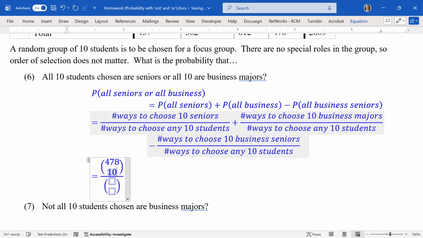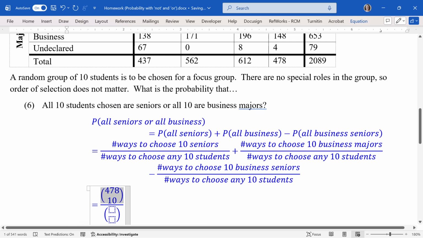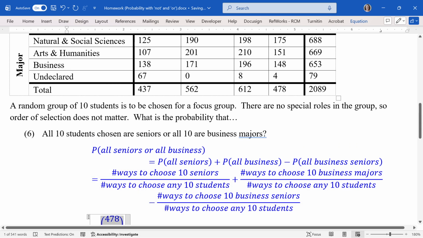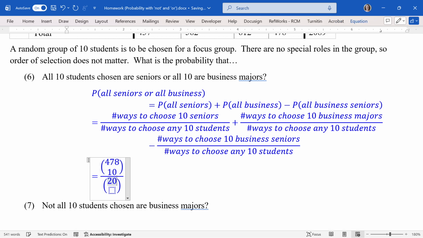So this notation here stands for the number of ways to have 478 items and then choose 10 of them in no particular order. It actually is short for a much longer formula. And then on the bottom, just the number of ways to choose any 10 students. So I'll start from the whole group of SU students, 2089, and choose 10.